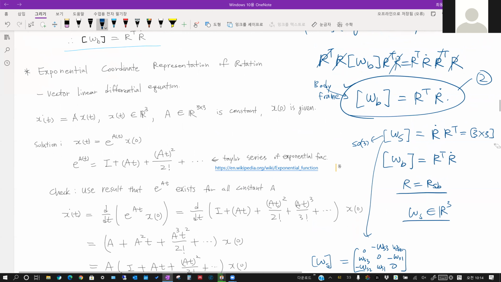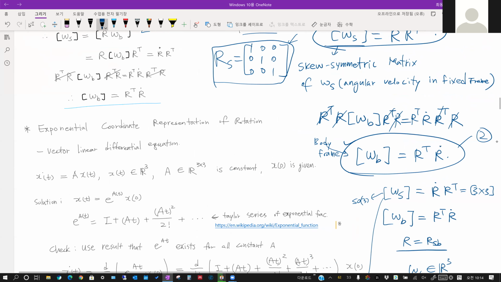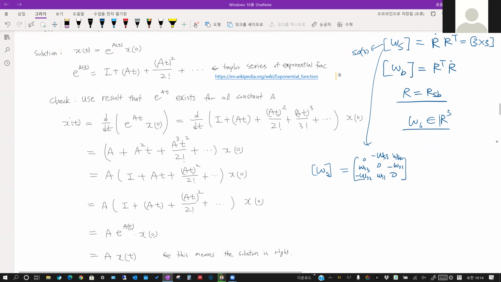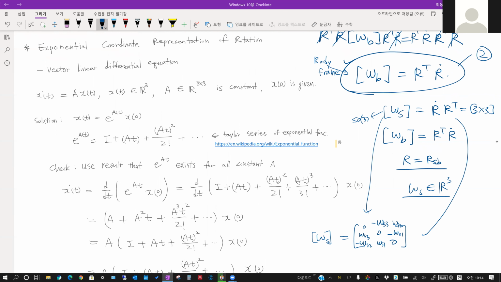If we calculate this one, it should have the form like this, and it is skew-symmetric, with the plus and minus signs different. So from these values we can get omega S. So until now we learned how to calculate the angular velocity.